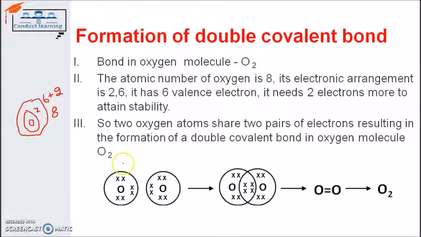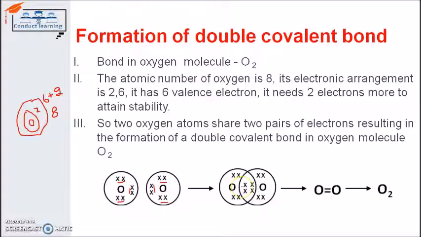Here you see this first oxygen atom has 2 plus 2 plus 2, 6 electrons in its valence shell, and the other oxygen atom also has 2, 2 and 2, 6 electrons in its valence shell. So both atoms will share 2 electrons with each other and make a double bond. That is a double covalent bond.